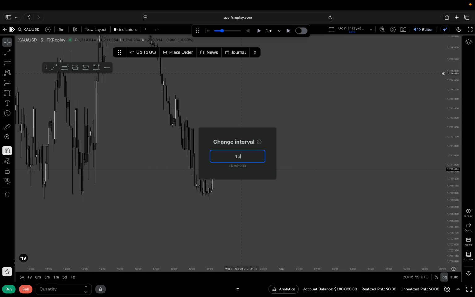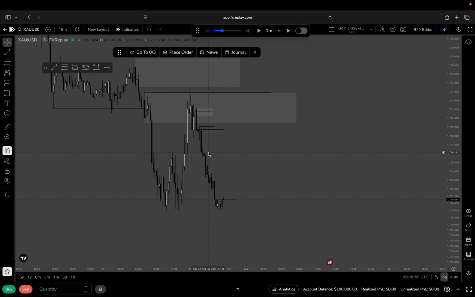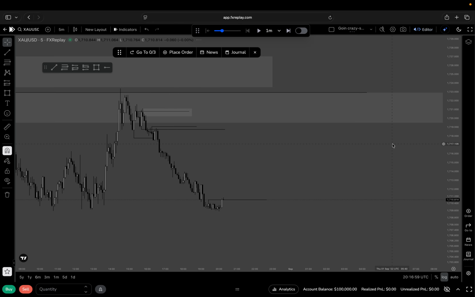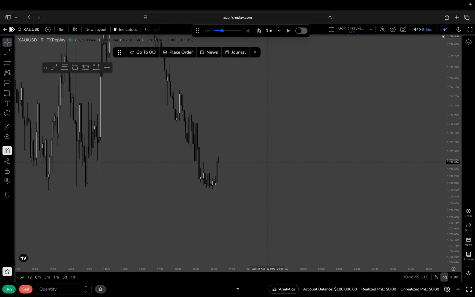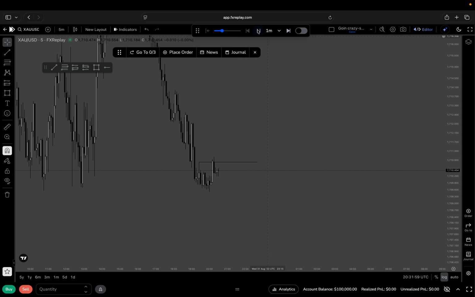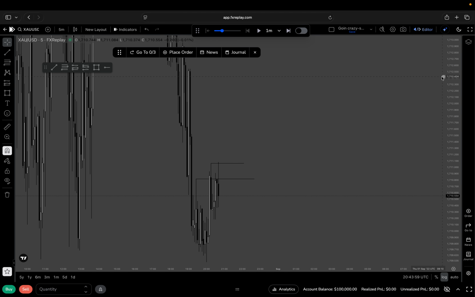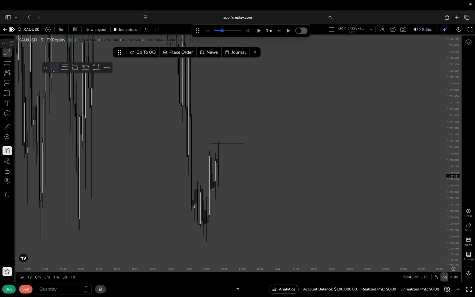Get a break here. We still have our 15-minute internal. Yeah, price never really moves cleanly like this, but we don't have a sweep of those highs actually. Okay, we have a sweep of these highs though. Yep. Okay, if we get a break below here, let's see.